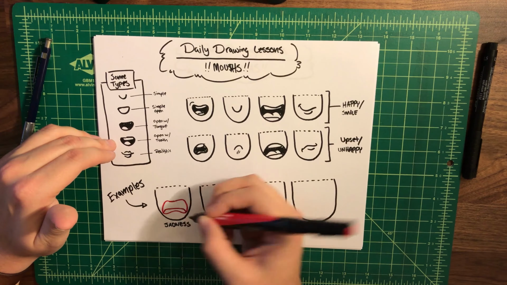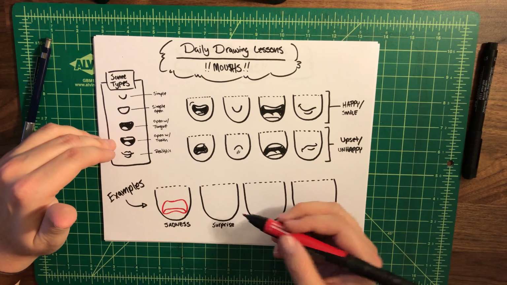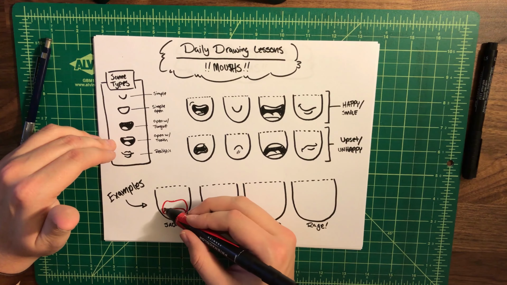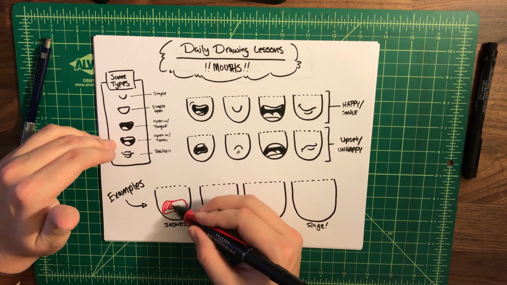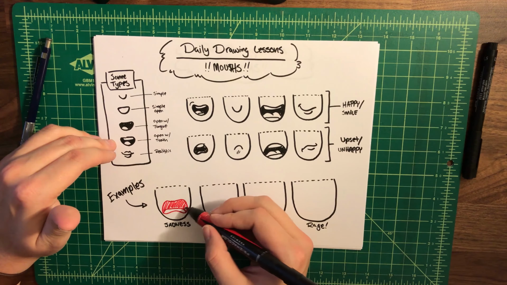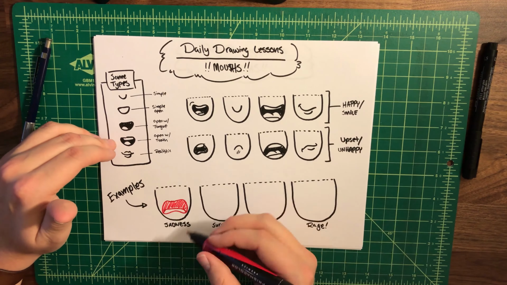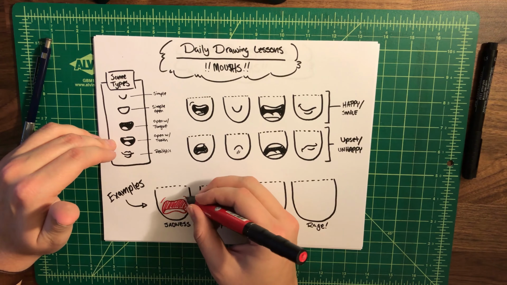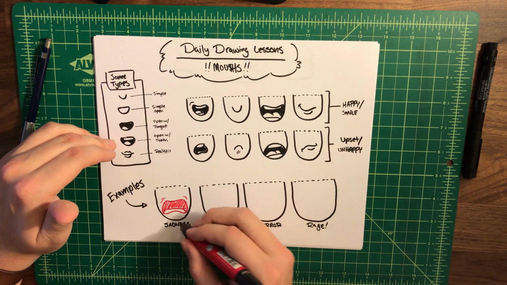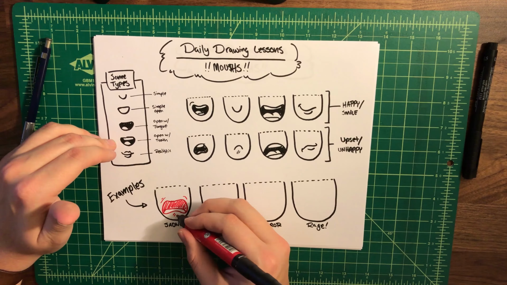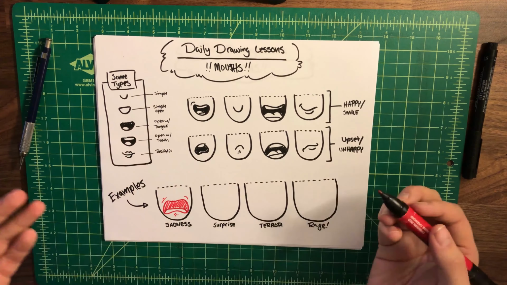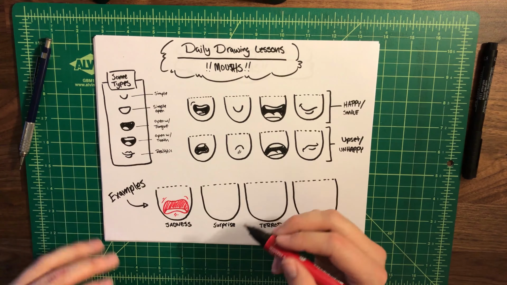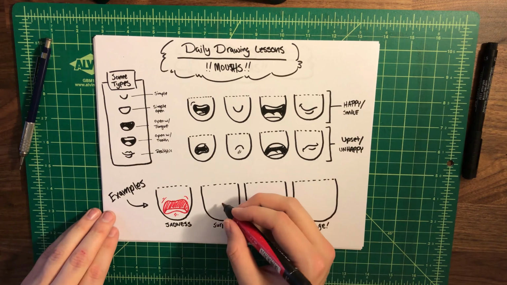And we're just going to show the bottom part of the teeth here, and I'm not going to really fill it in, but you can see here, just like doing that. And that right there, that alone says sadness. We can even add little stress marks right here, and maybe a couple right there, but that's basically sadness.